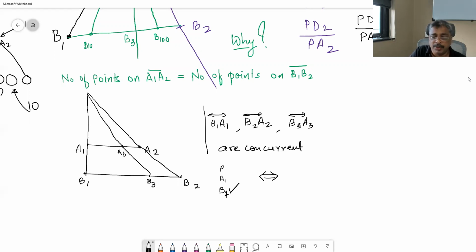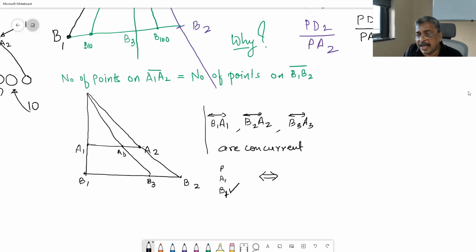And if somebody gives me A1 and B1, I can find out P. That is what we have learned so far. Another thing I would like to note here is, if there is a segment, its image becomes another segment which is parallel to the first.